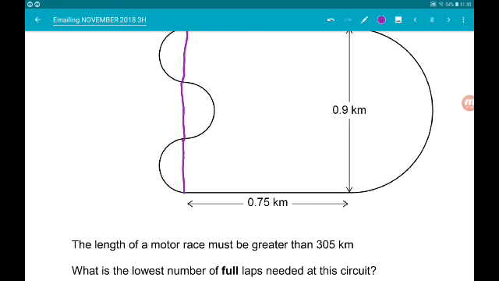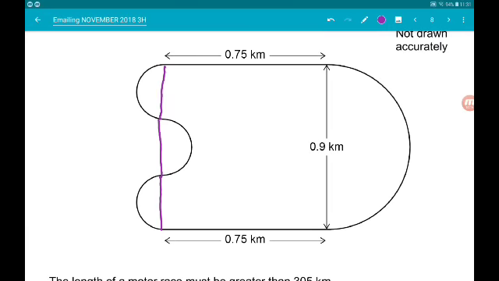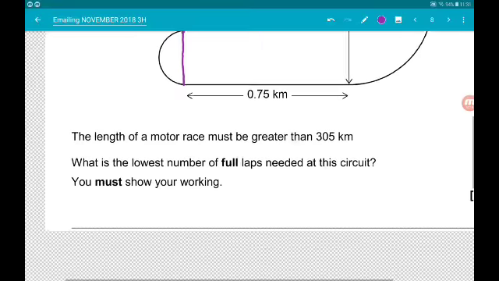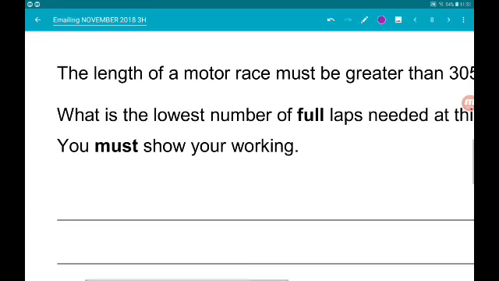That means then that we need to work out the perimeter of this shape. When we know the perimeter, we know the length of one lap. We can then work out the number of laps needed by doing 305 divided by the lap distance. So, for the straight sections, that's quite straightforward.